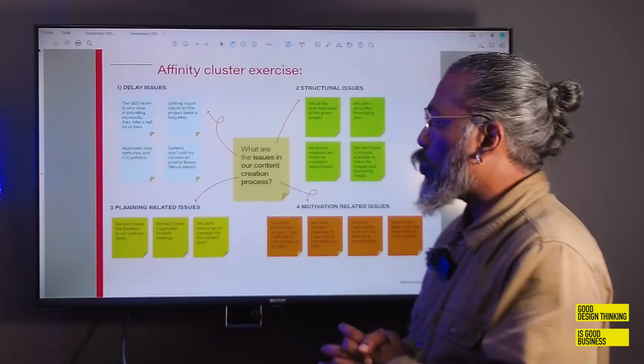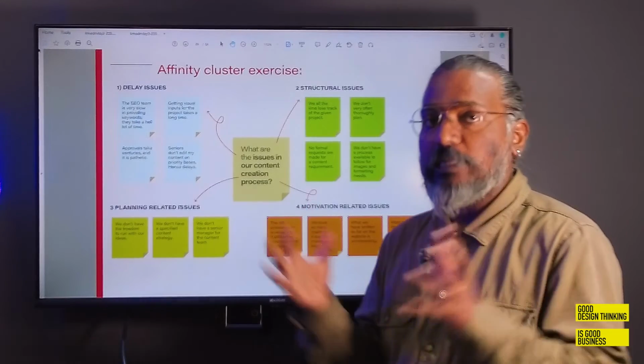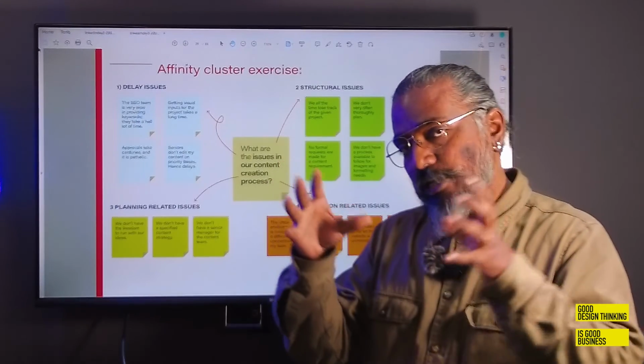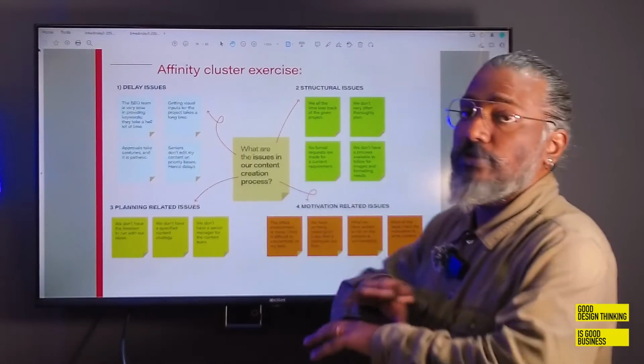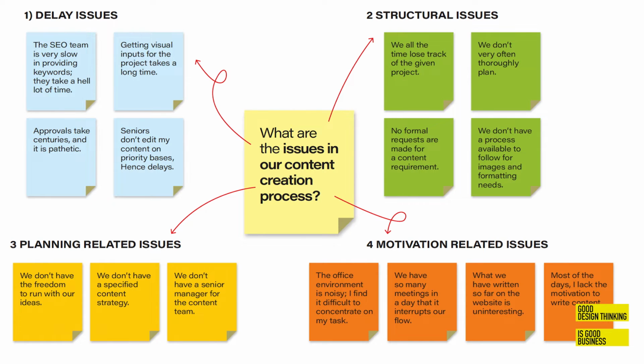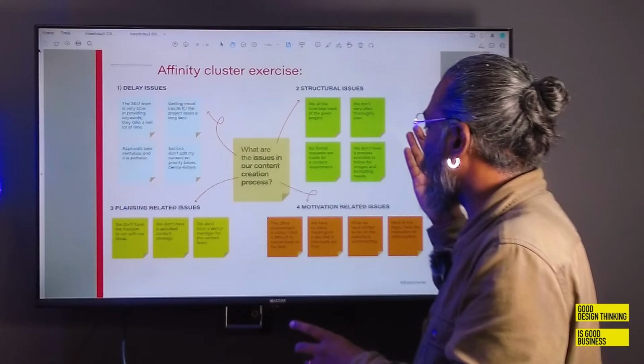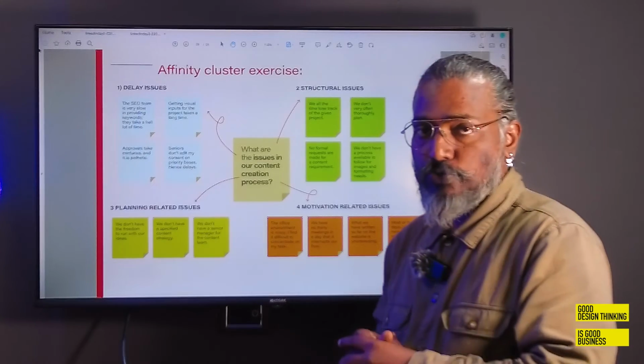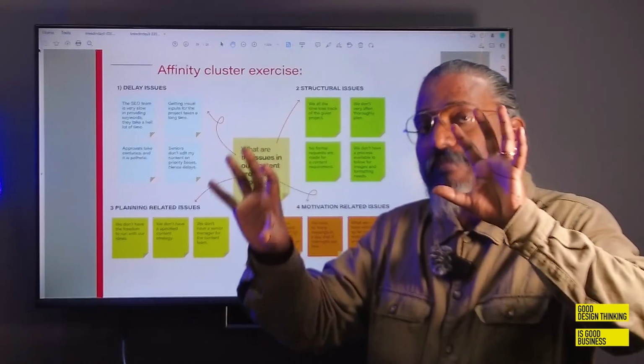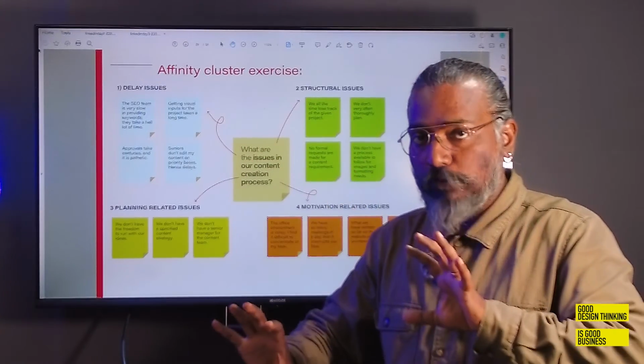Okay? So that's how clustering helps. Clustering helps you to see all the problems, then start seeing patterns among those problems and cluster them according to these major topics or major issues so that these are manageable problems.